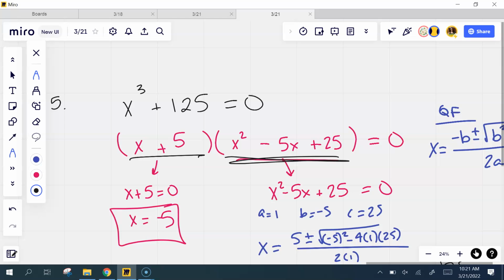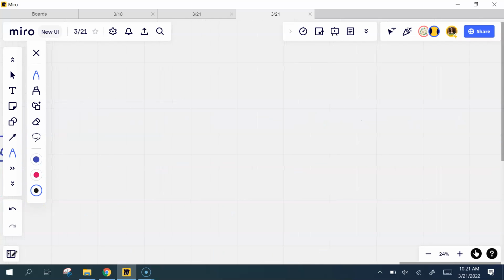Let's look at number 9. It already equals 0, so half my work's done for me. Not half, maybe a third, maybe a quarter. Maybe not even that much, who knows. All right, tell me what to do.